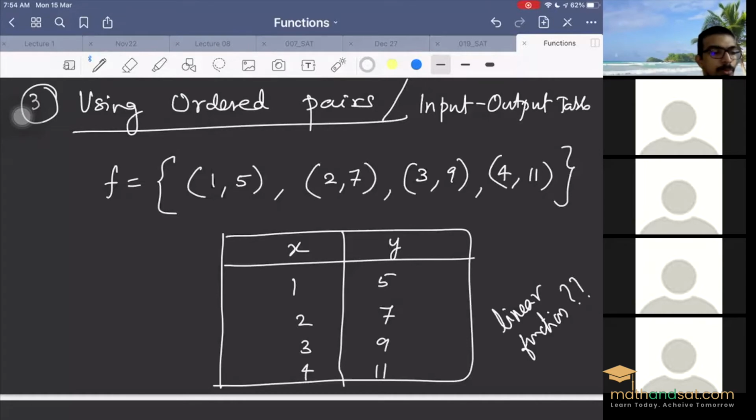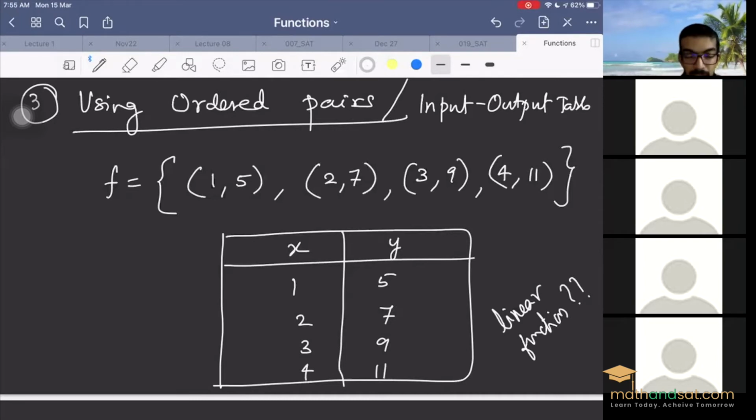Yeah, that is true. Others, what is the interpretation here? Okay, listen carefully.